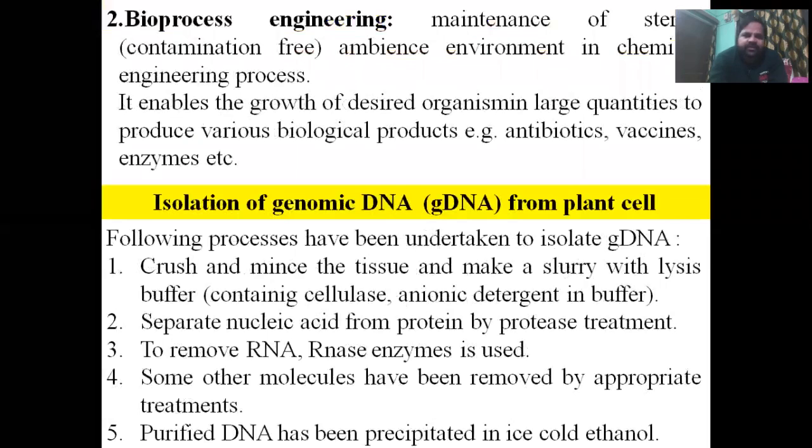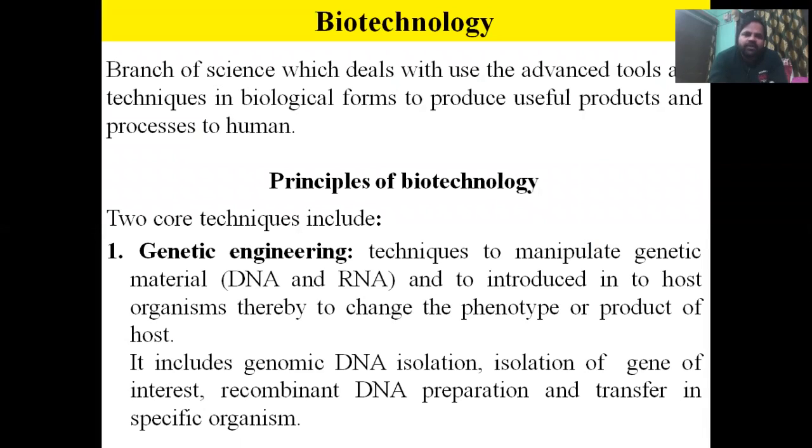First is genetic engineering and second is bioprocess engineering. So first we will see what is the meaning of genetic engineering. We employ several techniques to manipulate the genetic material, either DNA or RNA, and to introduce the manipulated DNA into the host organism, and we change the phenotype of the product of the host.